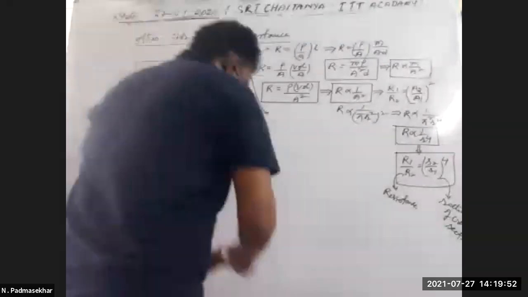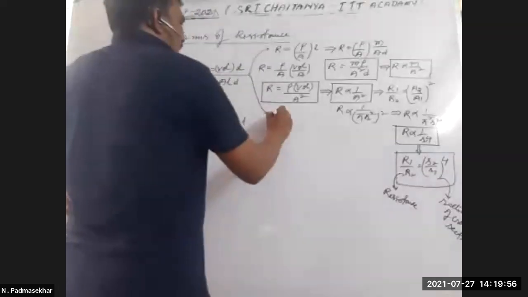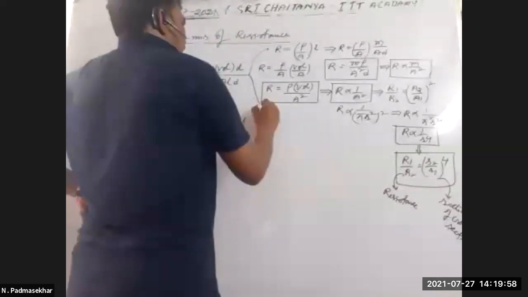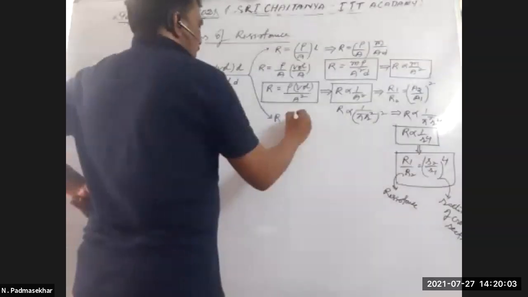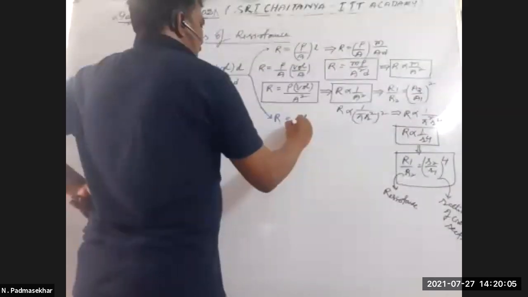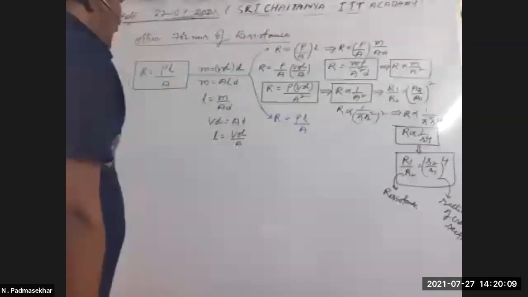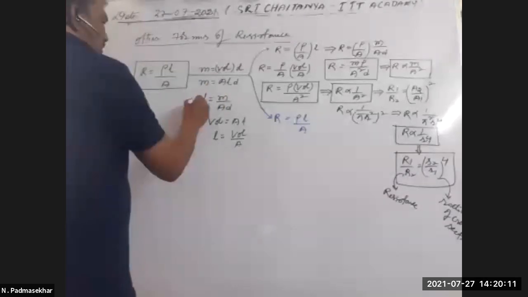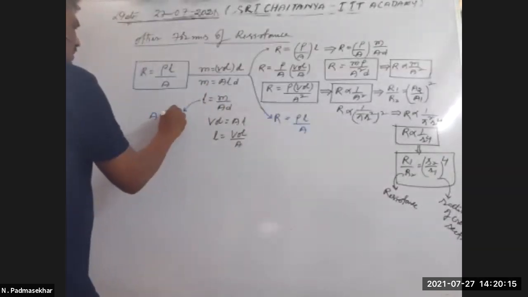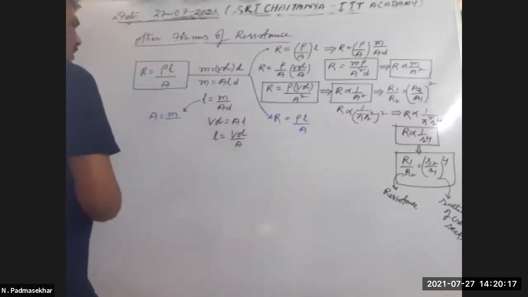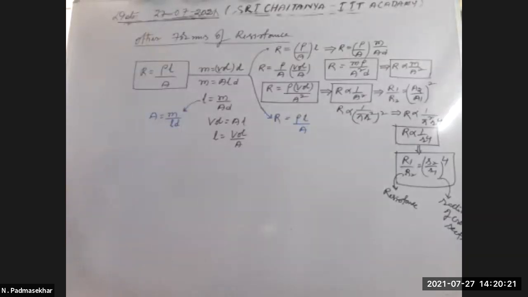And now see that. Resistance R is equal to rho L by A. From this, we can write that A is equal to M by LD.